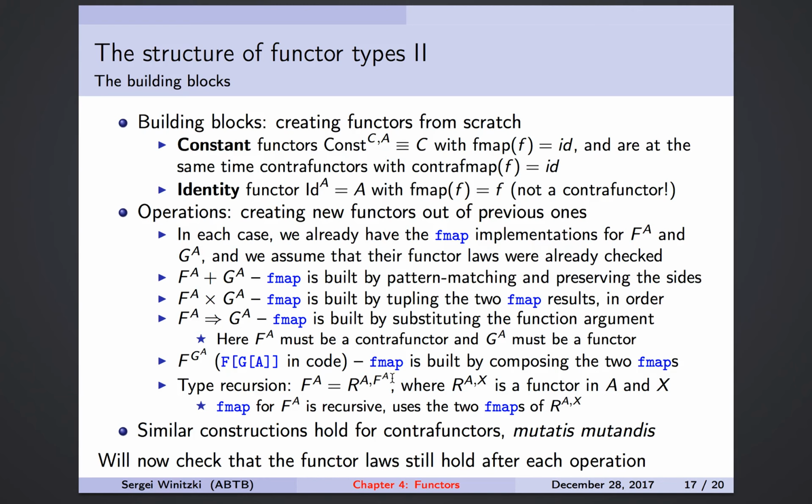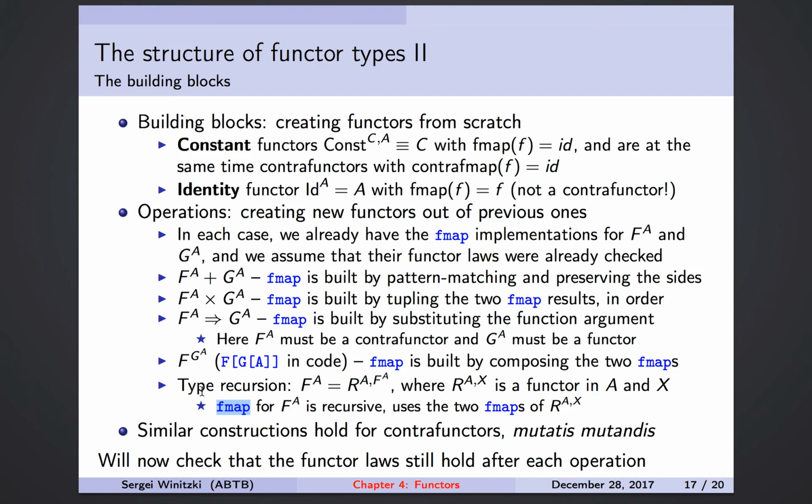And so this can be just parametrized like this, and then this is a recursive equation because we're using FA inside here to define itself. And we can then define Fmap for this, just like we did before in that example. And the Fmap function will be recursive, and we'll use the Fmaps of this functor.